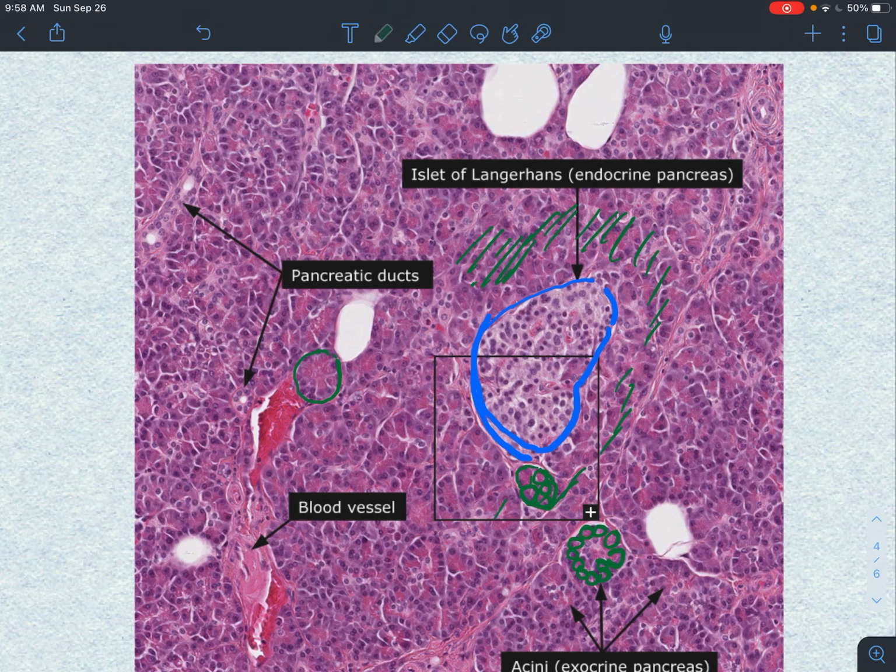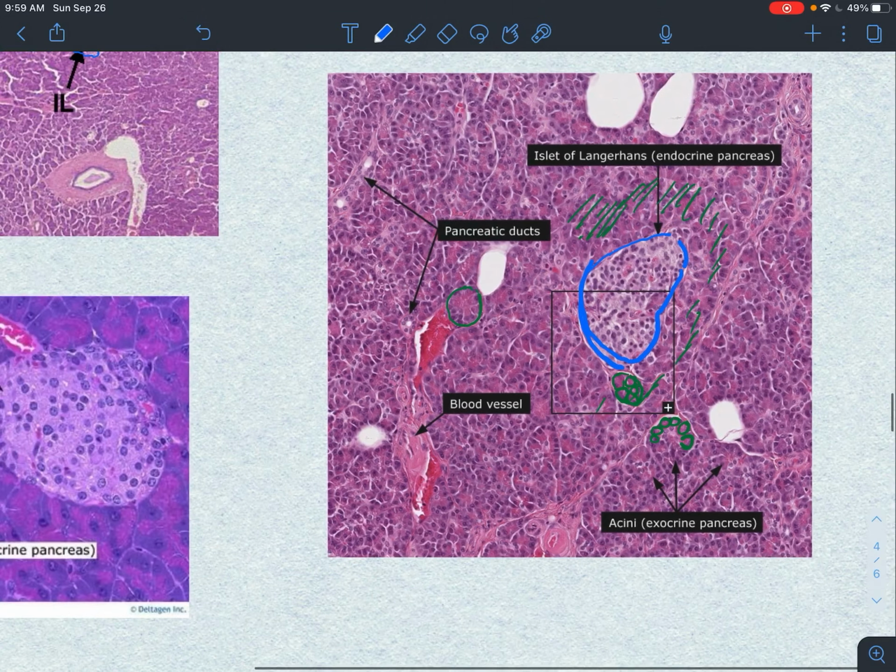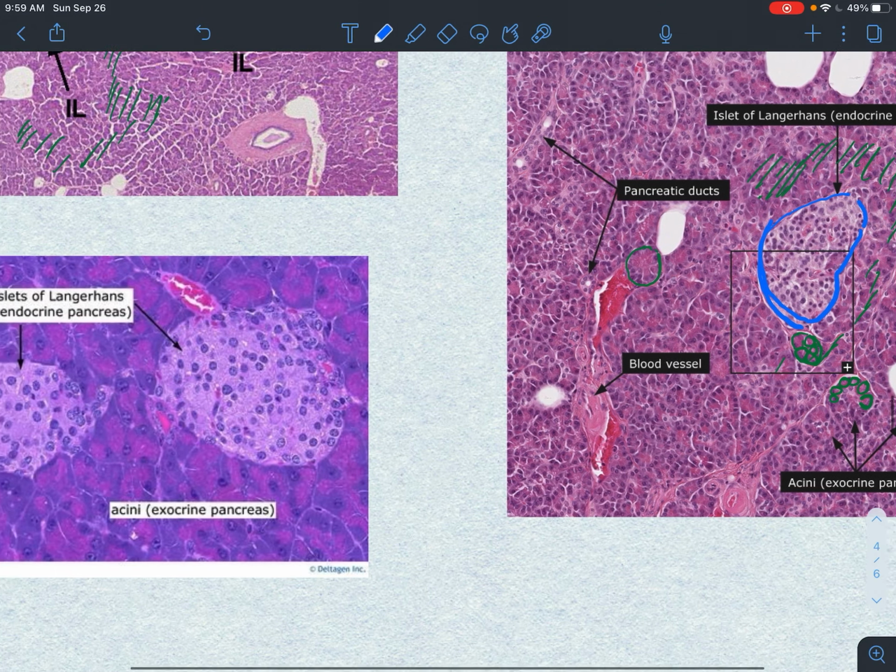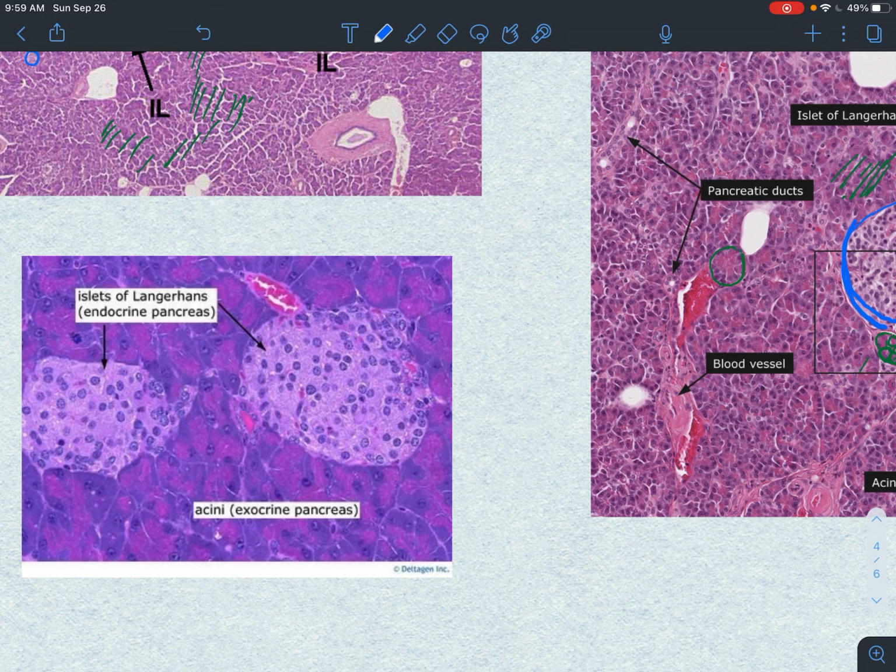But, right, just remember that the islet has that lighter appearance. Now, with all the coloring that I just did here, it's a little more difficult to see that difference, but if we remove all that, it should be easier to see again, right? So keep that in mind. And then sometimes the stain can really be much more drastic.